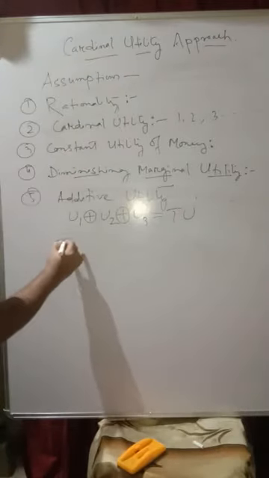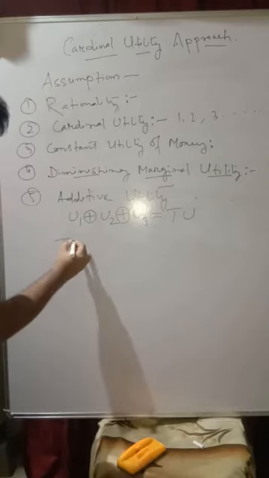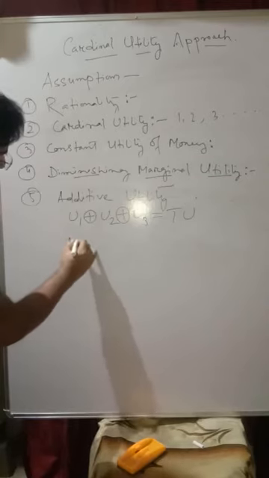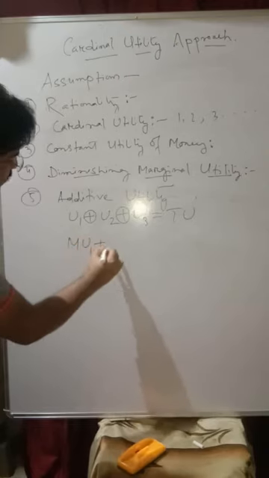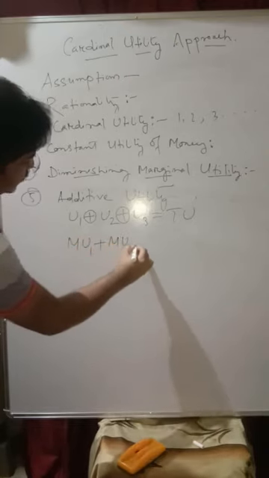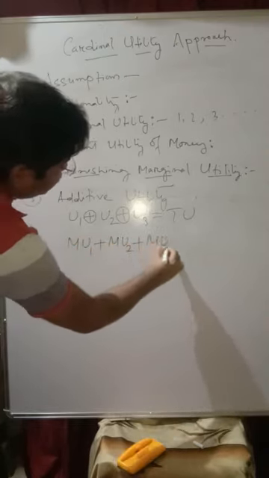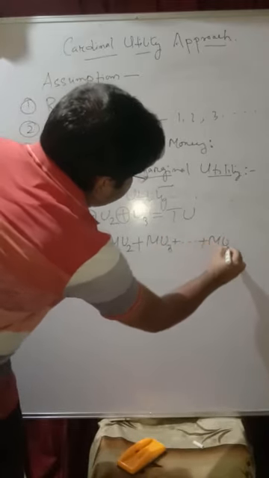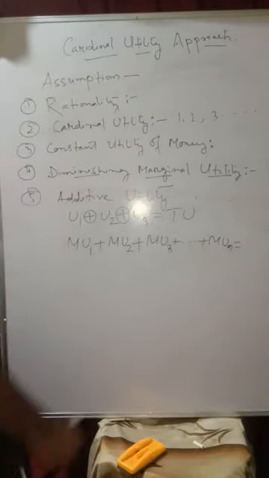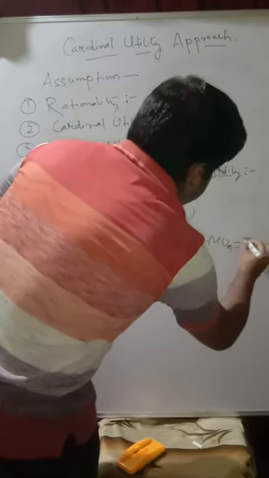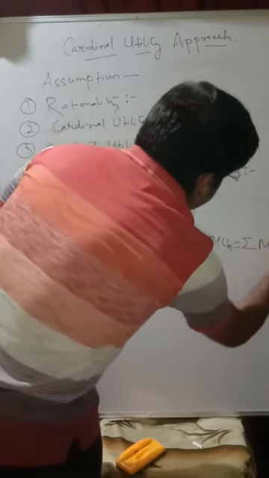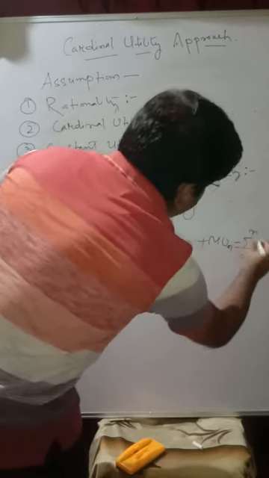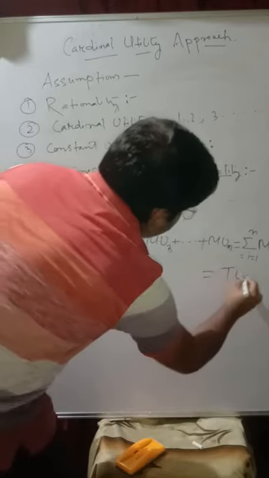Under the additive utility assumption, the marginal utility from the first one plus the marginal utility from the second one plus the marginal utility from the third one plus dot dot dot plus the marginal utility from the nth unit of the commodity is equal to the summation of marginal utilities, where i is equal to 1 to n, which is equal to total utility.